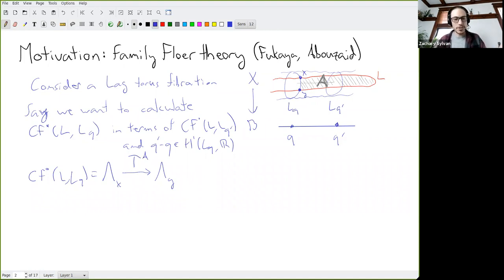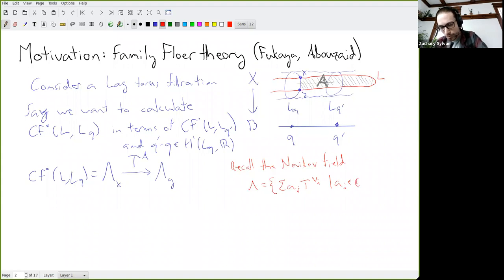Maybe, as is traditional, I should recall what this Novikov field is. Recall the Novikov field Lambda is formal power series with real exponents: the sum of a_i t to the v_i, where a_i is in some ground field.